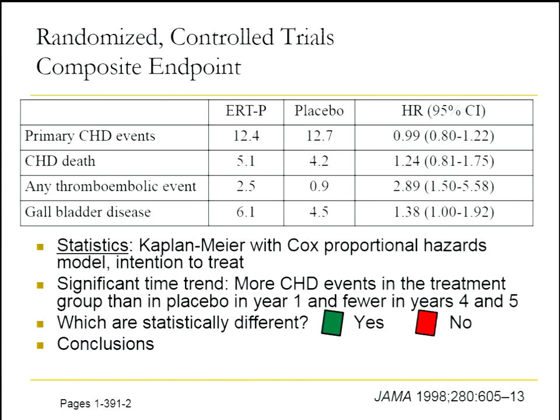The hazard was 3-fold higher in the estrogen replacement therapy group as compared to placebo, and statistically significant. All right, what would be the p-value associated with that result? Something less than 0.05. We don't know the exact result, but something less than 0.05, corresponding to that 95% confidence interval.